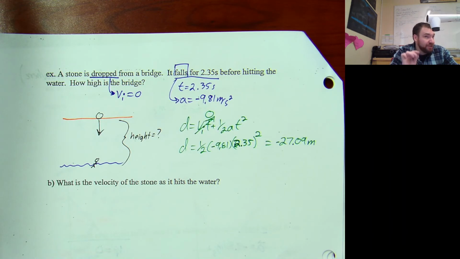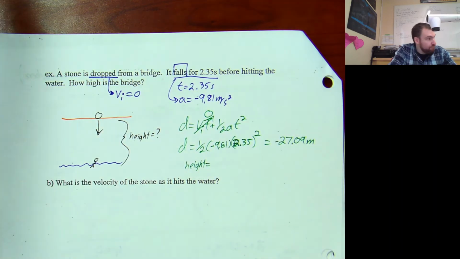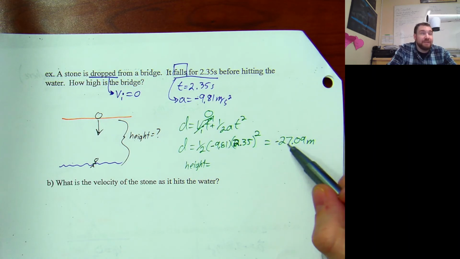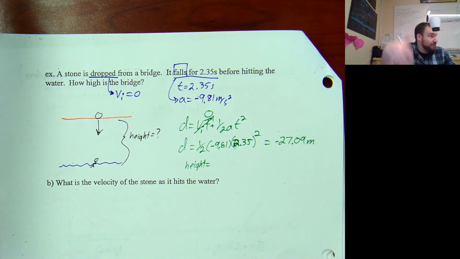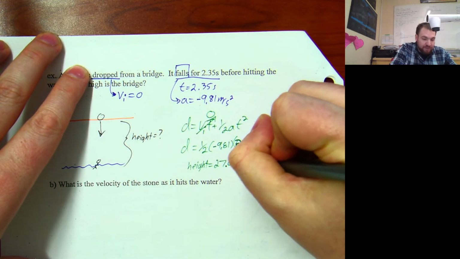So how are the height of the bridge and the displacement of the rock related to each other? The rock was up, so it goes down, so the height is just, yeah, it's just going to be the 27.09. The height's not negative. The displacement of the rock is, because it was falling. But the height of the building, or in this case the bridge, is just going to be 27.09 meters.